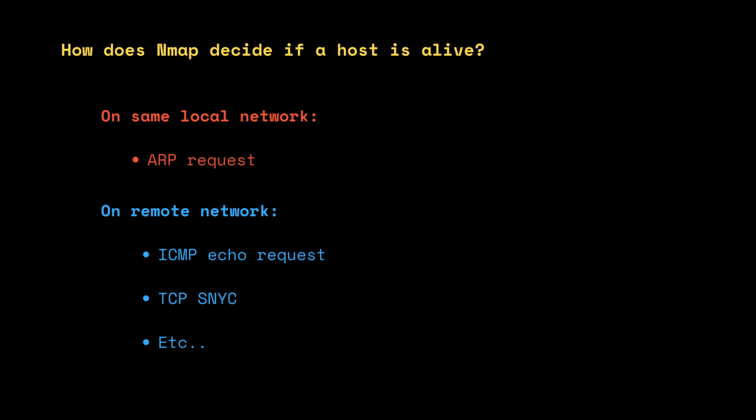By default, it may try an ICMP echo request, that is ping. It may also try TCP SYN to common ports, like 80 or 443. Pen testers who don't know this subtle difference get confused when their local scans show everything alive and their remote scans show nothing alive. It's not the firewalls being inconsistent. It's nmap quietly switching strategies.